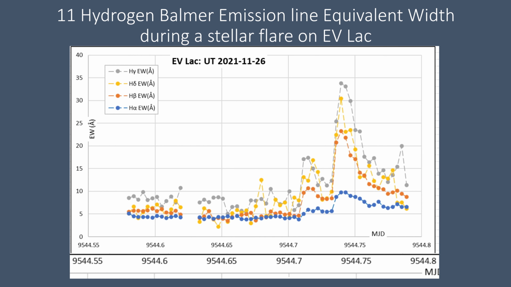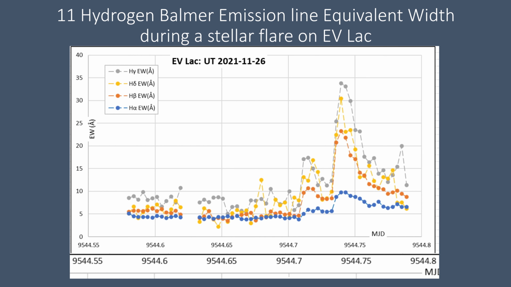A significant amount of the total flare energy is released in the blue and the NUV wavelengths, while M dwarfs are relatively dim, as mentioned earlier, in these wavelengths, resulting in increased flare contrast. As you see, hydrogen alpha has the smallest flare in EW.